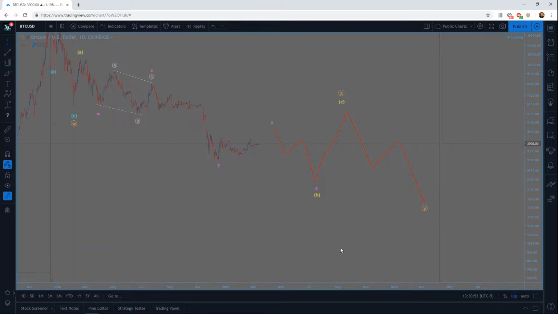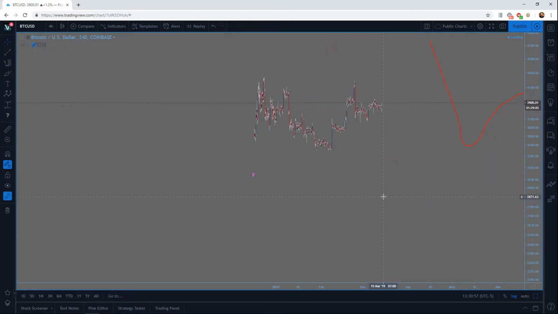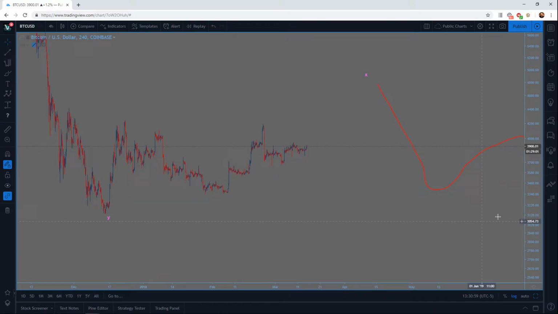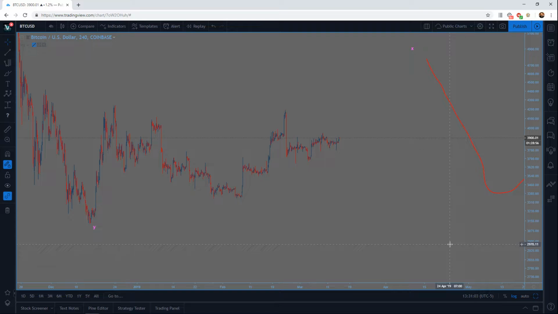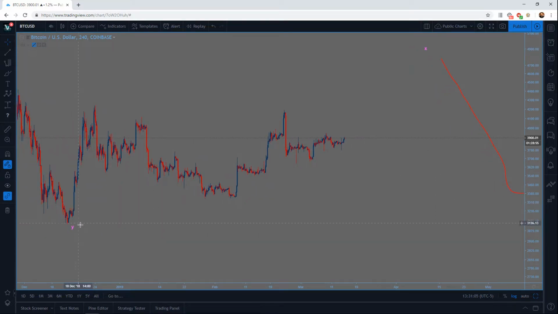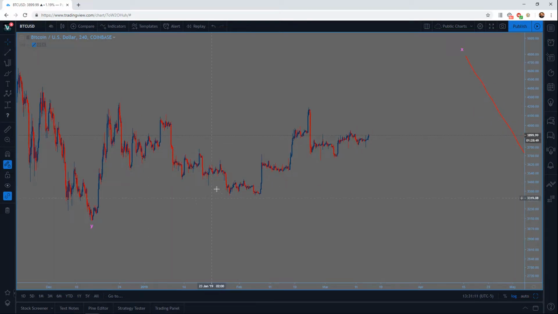So let's go down to a 4-hour, and I'll complete an overview of lower time frame counts and what I'm expecting. So I think I've already made it clear that I think there's still some more upside before more downside. However, when is that going to come?